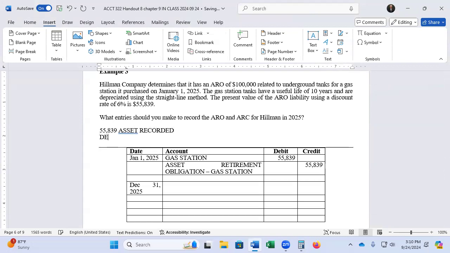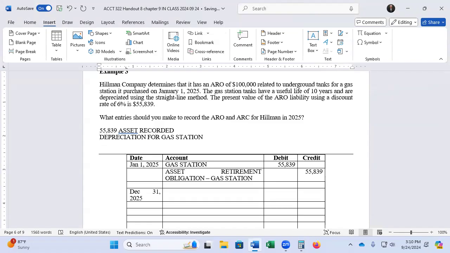And so we need the depreciation. And so we have 55,839 divided by 10. And so that equals 5,584.